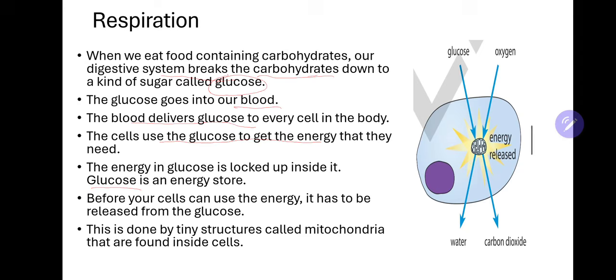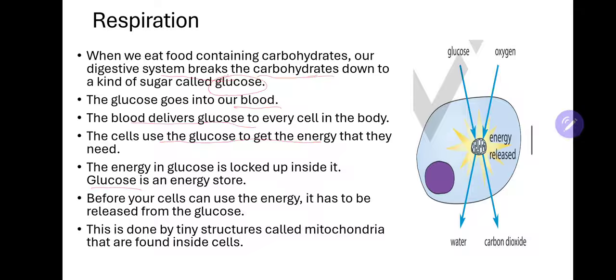These cells are getting energy in the form of ATP, released by the oxidation of glucose. So, before the cells can use this energy, it has to be released from glucose.